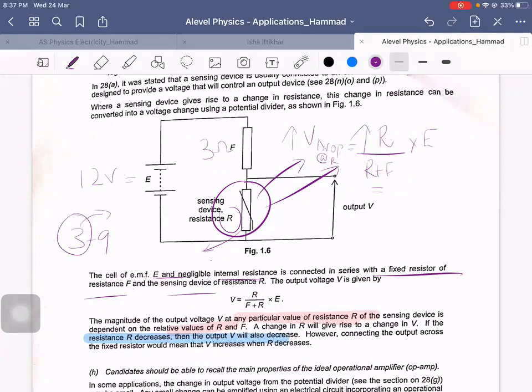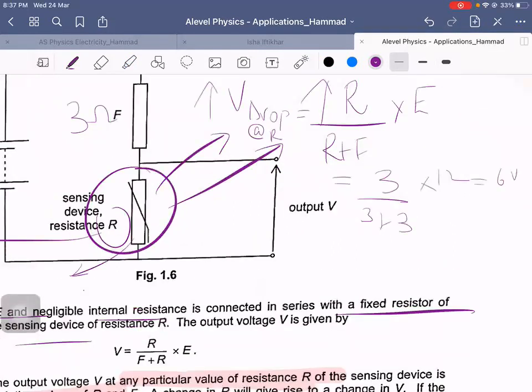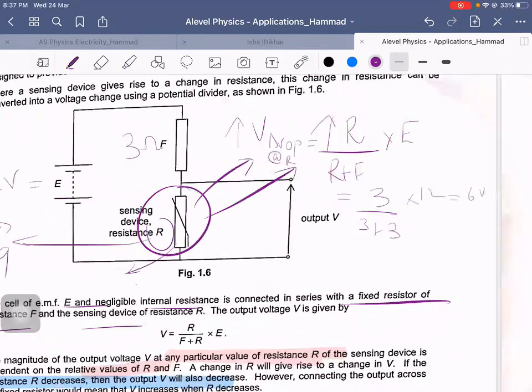So my resistor R is at 3 ohms. My total resistance would be 3 of R plus 3 of F, right? Into 12. That would give me a value of 6 volts being dropped at R.